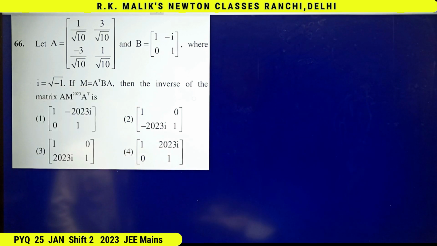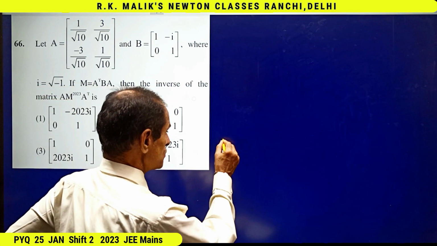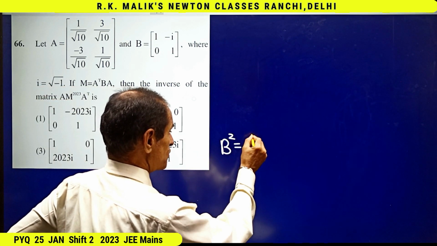For a 2 by 2 matrix, to evaluate any higher power of B, it is slightly better to go by symmetry. But for your clarity, I will do this part of the question by both ways. In this case, if you want to use symmetry, because we have to find the value of B to the power 2023, first I find B square.